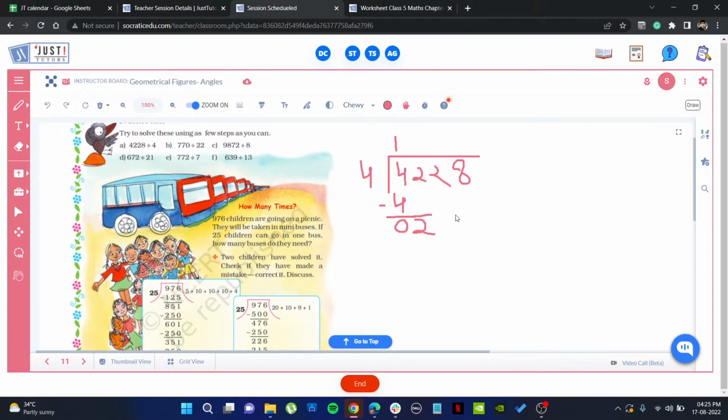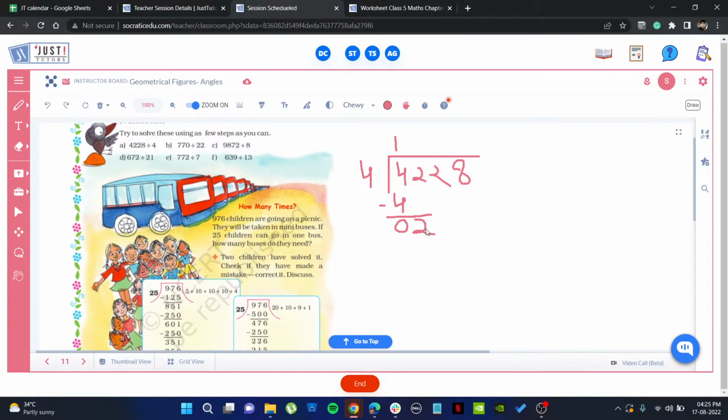Now it means that we need to divide 2 by 4. So we should be multiplying by which number to get number near to this 2? Even if we times it by 1, we are getting 4. But we need to divide 2.